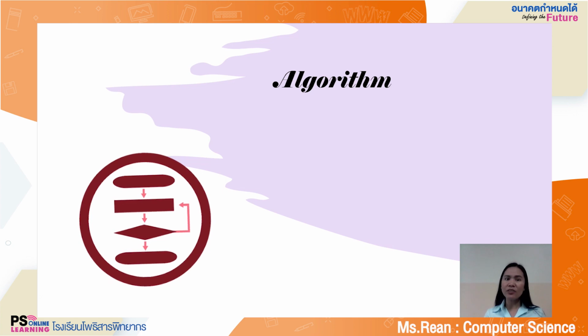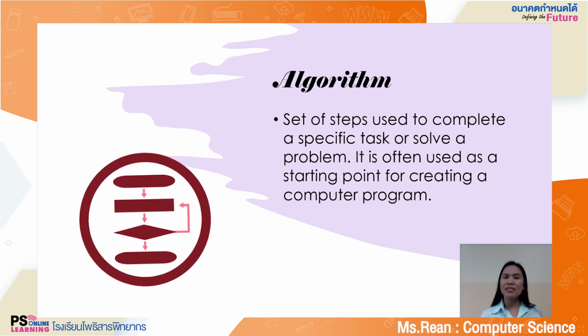Because an algorithm is a set of steps to complete a specific task or solve a problem. It is often used as a starting point for creating computer programs. To summarize the four techniques, which are decomposition, pattern recognition, abstraction, and algorithm, let's watch the video.